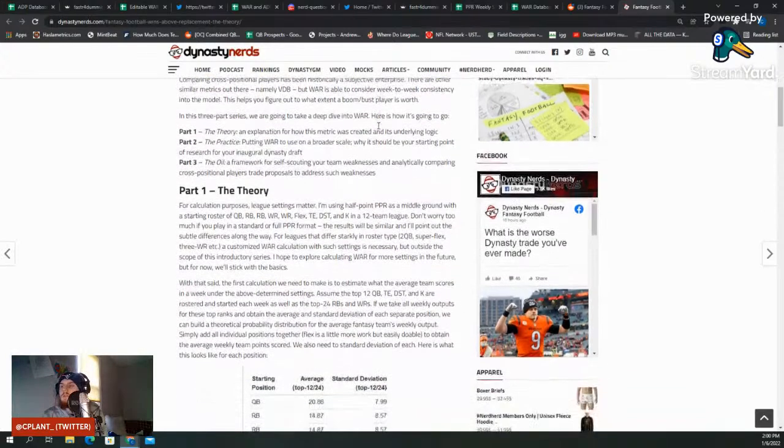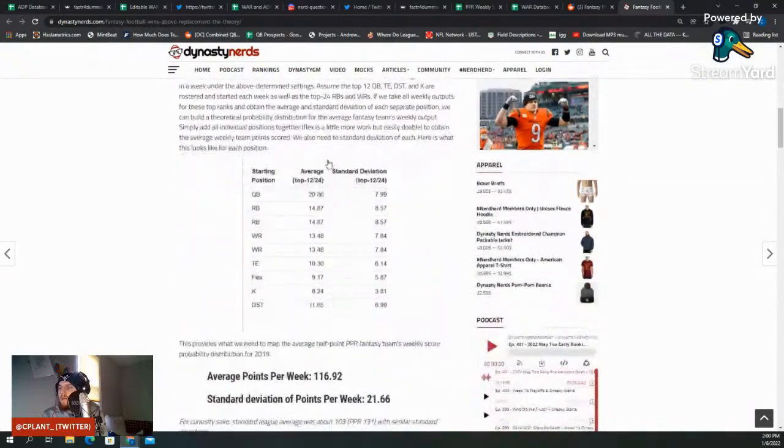So he goes on through the article and he talks about how he calculates it, the theory behind it. So I'm just gonna give a brief explanation. You're basically calculating the average starting lineup and then the standard deviation of the average starting lineup, because the key part of wins above replacement is you have to figure out any player's win percentage, or I guess it would be win probability.